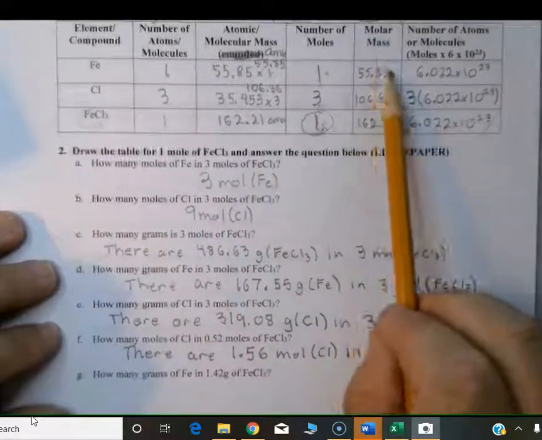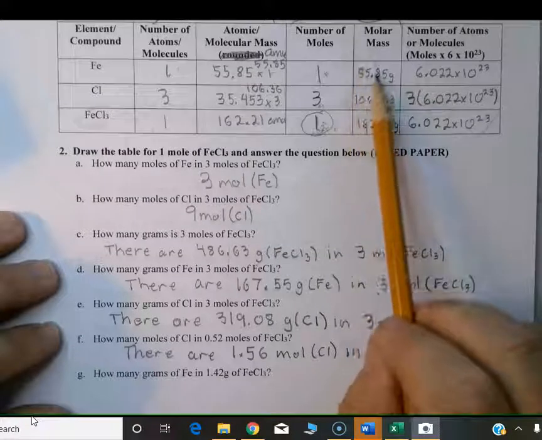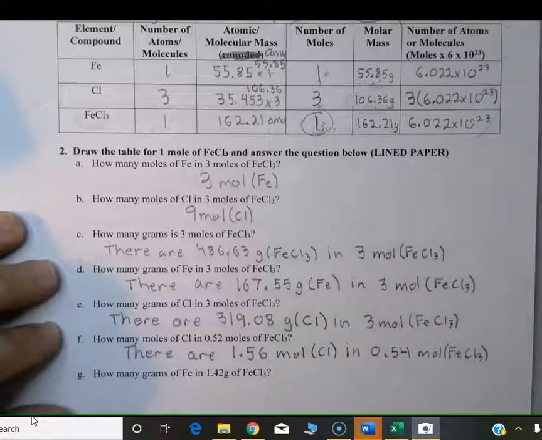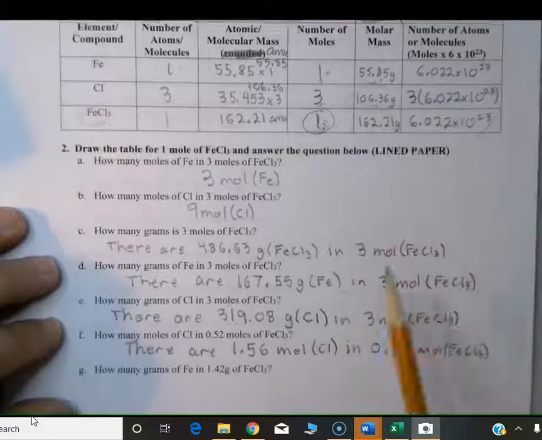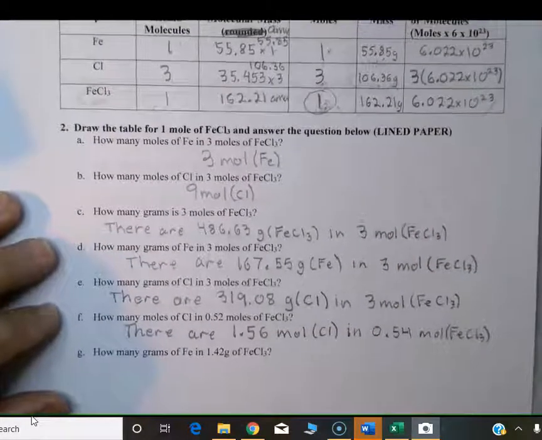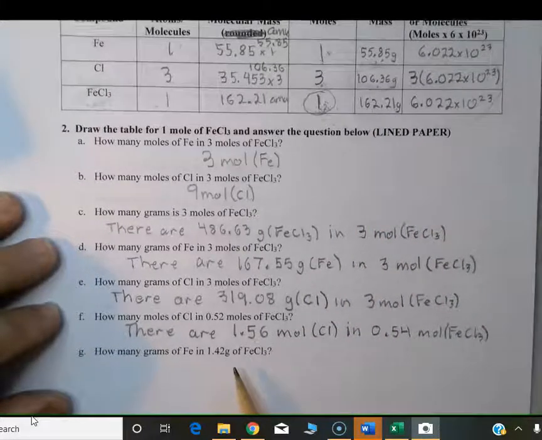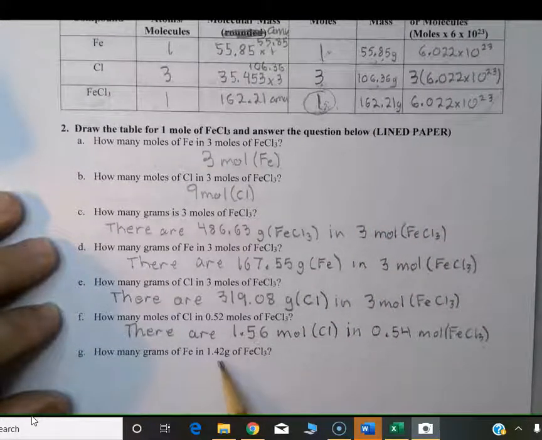In other words, this number is roughly, not exactly, but roughly a third of this number. 55 is roughly a third of 162, just roughly. That means if I don't want 162 grams, I only want 1.42 grams of FeCl3, then I need about a third this number of that.